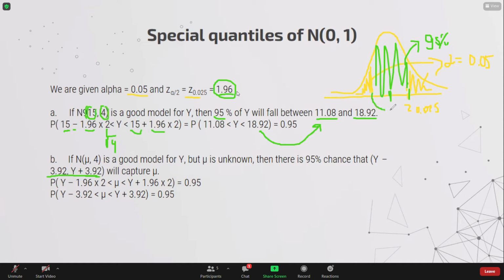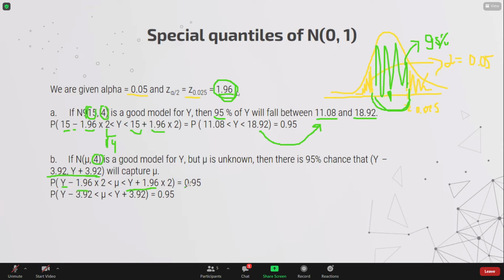So we can just substitute. We don't know the mean, so it's unknown, minus 1.96, because we remember it's z times the standard deviation, which is 2 because we have the variance of 4. And then we have the same part but with plus.